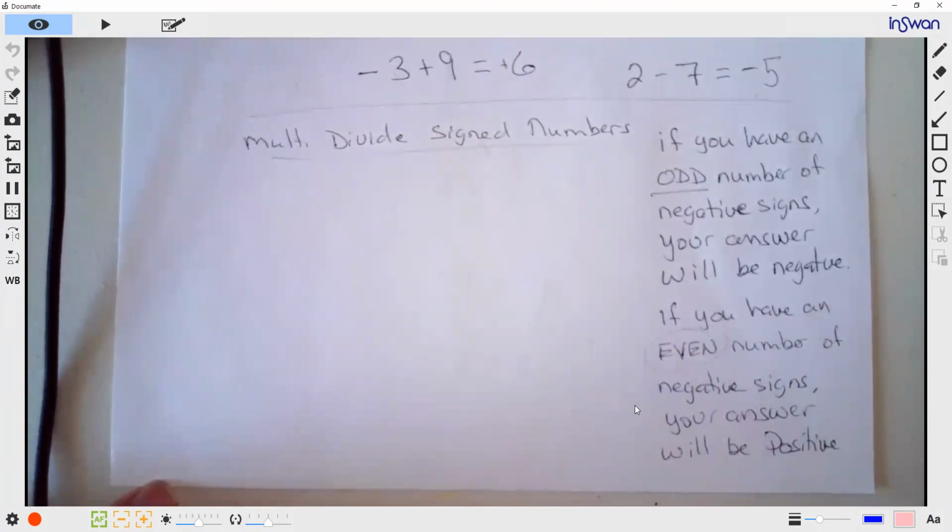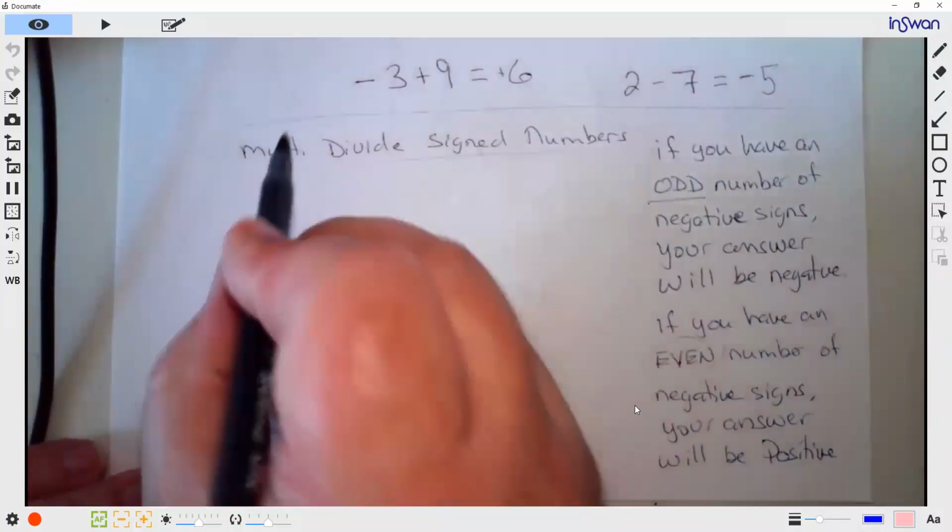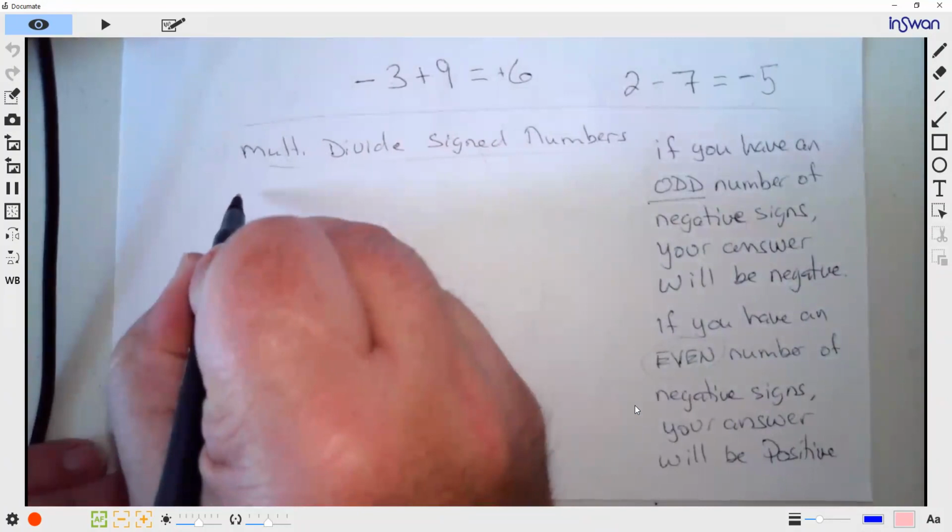So the only hard part about that is, what's an odd number? Would odd numbers be like 3, 5? Yeah, 1, 3, 5, 7, 9, 11. So if I gave you, just tell me whether the answer is odd or even.